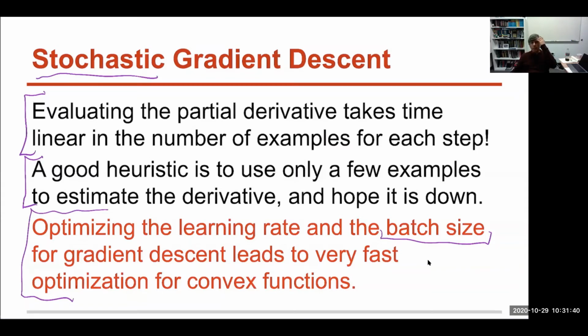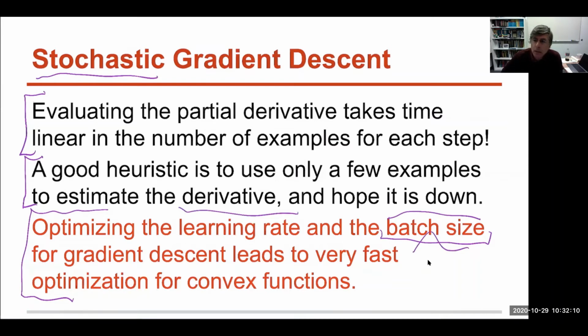If this example was not representative, it might lead us in the wrong direction. But the hope is that a modest sized batch will be representative and yet fast to compute. By playing games with the batch size and the learning rate, hopefully we can make this optimization very, very fast for convex functions.